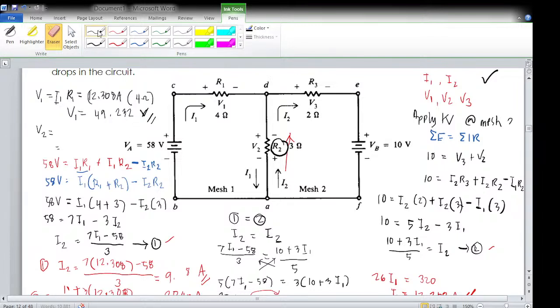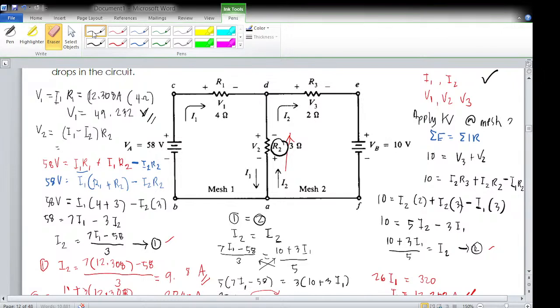I sub 1, R2, minus I sub 2, R2, ma'am. Okay. Or simply, I sub 1 minus I sub 2 times R sub 2. Nakuha? I sub 1 minus I sub 2 times R sub 2. Okay.